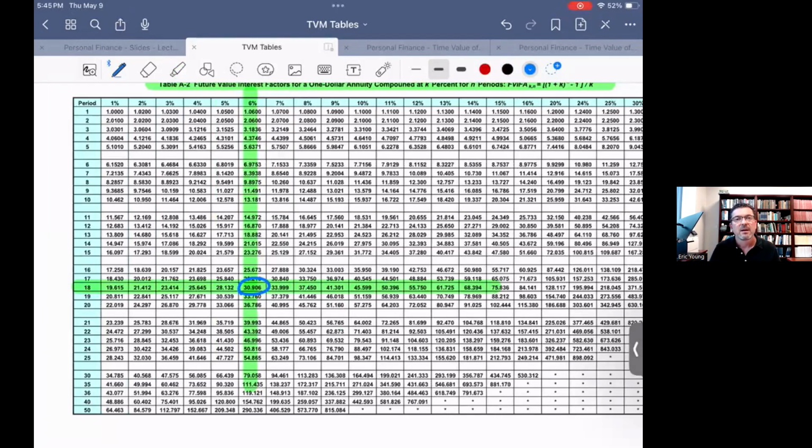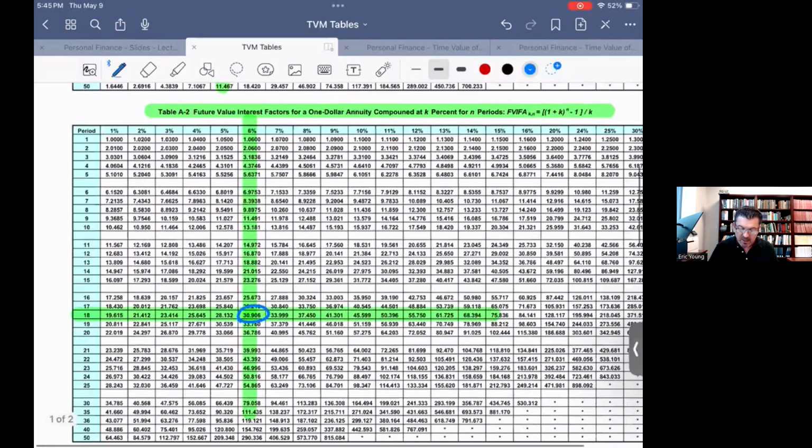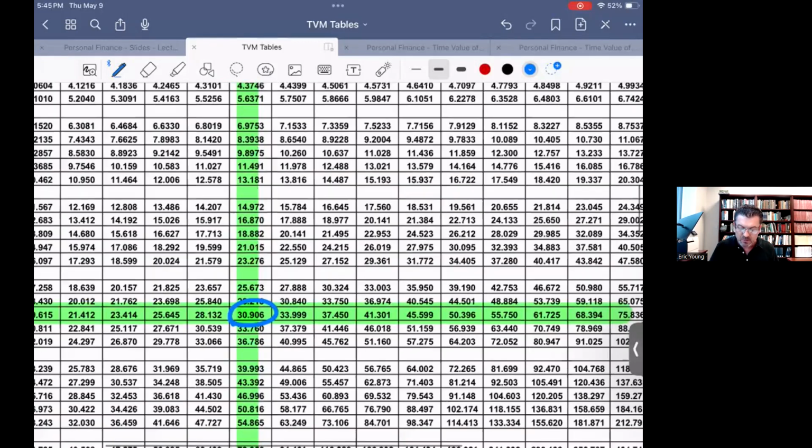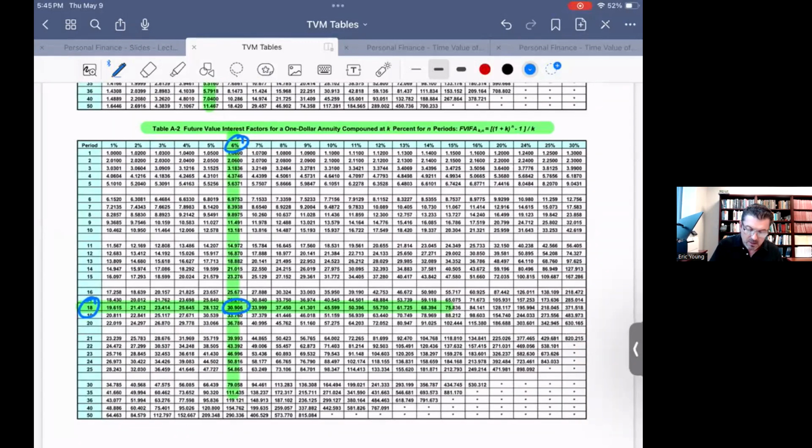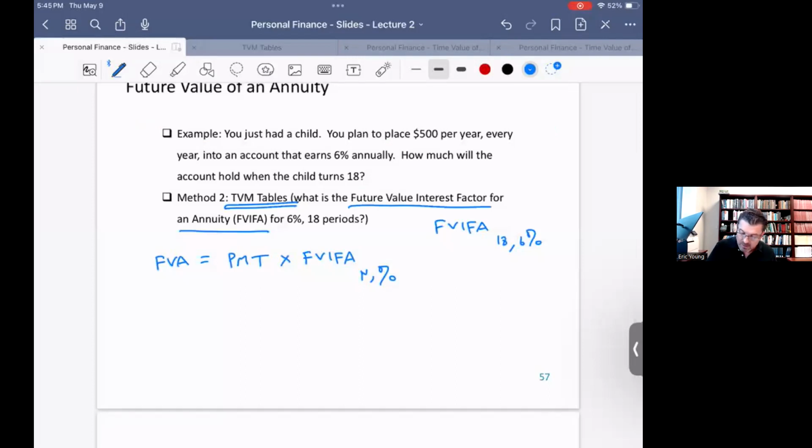Again, what this means is if you put $1 in every period for 18 periods growing at 6%, those $1 contributions would grow to $30.906. That's what it means.